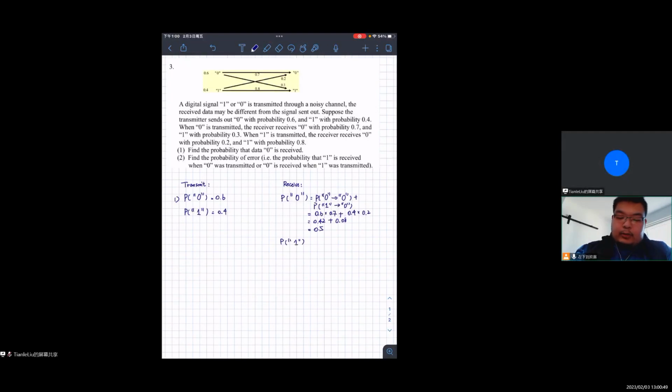By the probability, we know that the probability of the received message of 1 must be 0.5, because I get it from 1 minus 0.5, which is the probability of the received 0. But if we do it by the calculation as we did for receive message 0, we have the probability from 1 to 1 plus probability of 0 to 1.